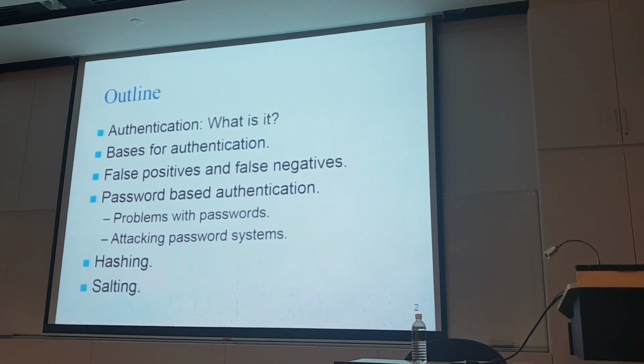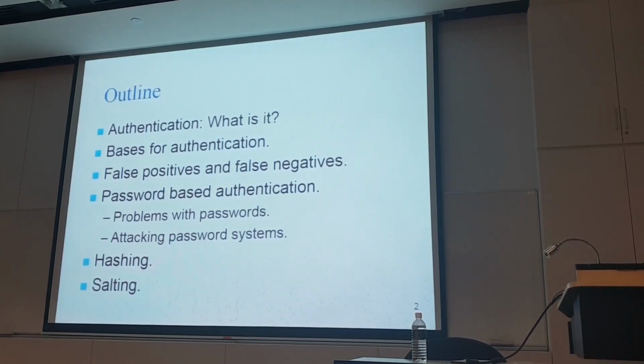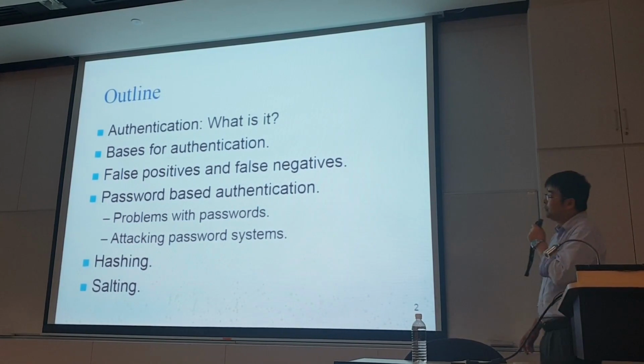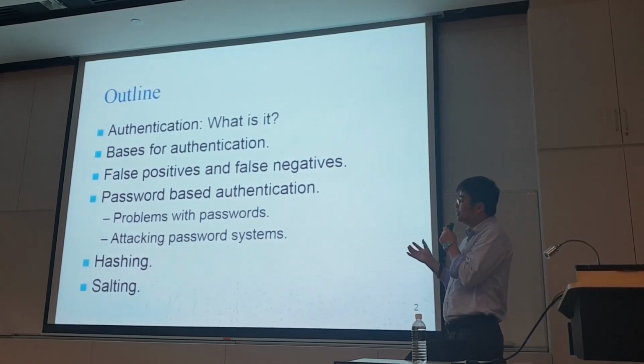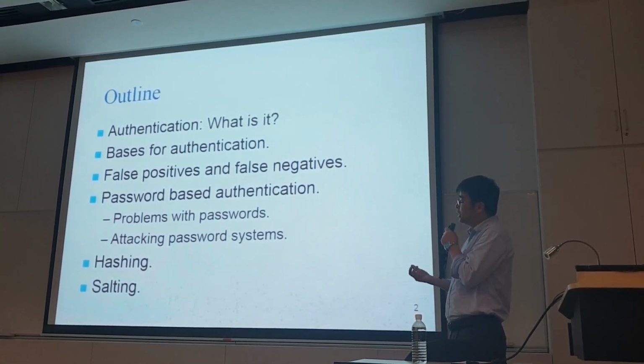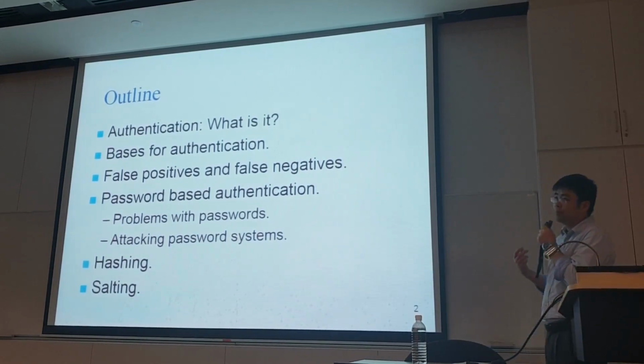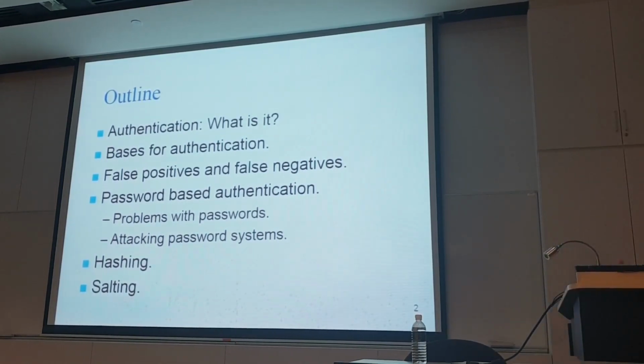Alright, so we will also look at some attacks that can be performed against password authentication. For example, in assignment 1, you will need to implement a so-called rainbow table. A rainbow table is a precomputed hash table that will allow the attacker to quickly identify the user password.